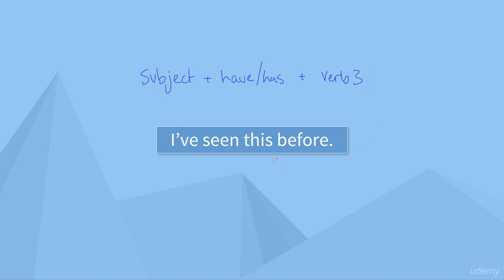So subject, have or has, verb 3. The subject here is I, because it's I and not he or she or it. Then we use have, and verb 3 here is seen, which is the past participle of to see. So I have seen this before.